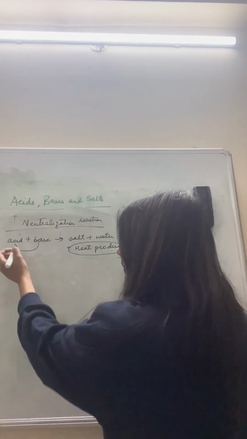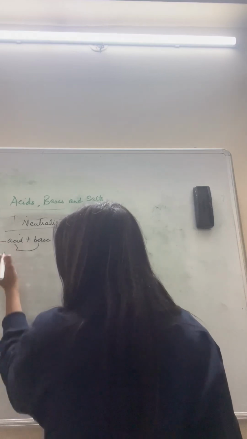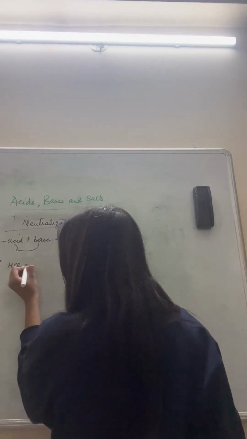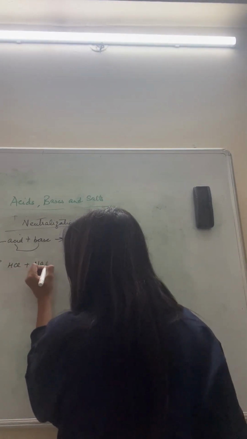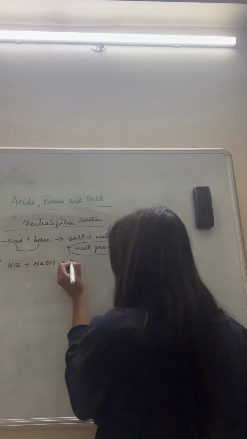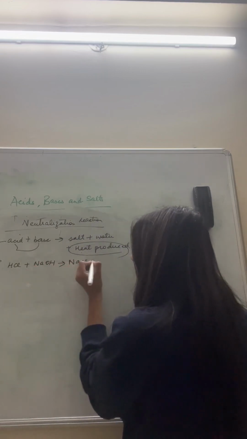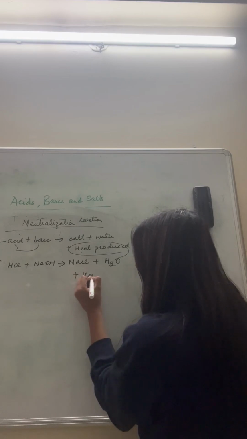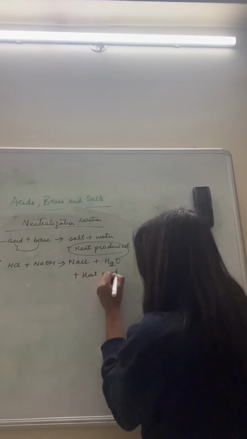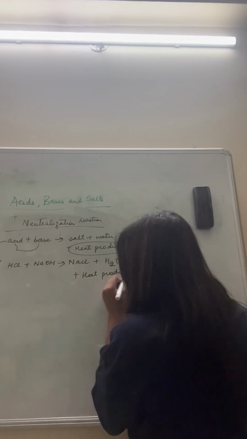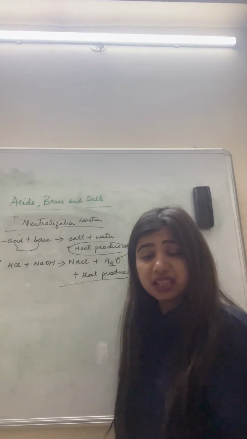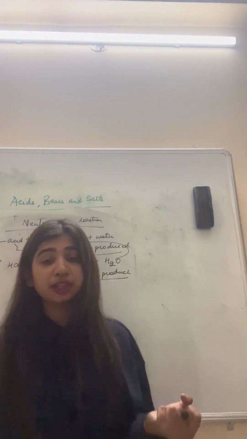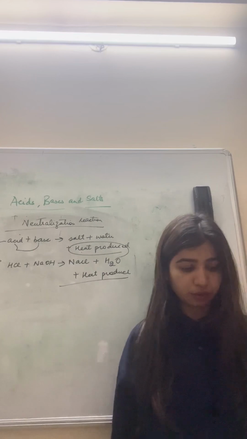So like if we take an example, if we take HCl, hydrochloric acid, and NaOH, sodium hydroxide, what we see is that NaCl is being produced with water, and we see that heat is also produced. And this heat produced is increasing the temperature of the reaction mixture.